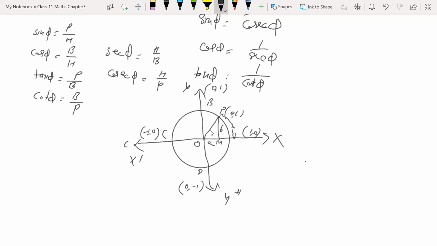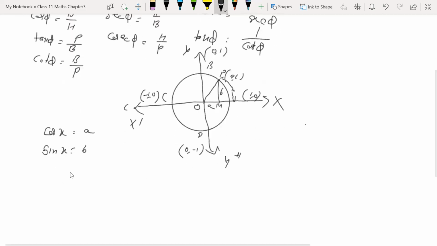Now, we define cos x is equal to A and sin x is equal to B. Why? Because OMP is a right angle triangle.